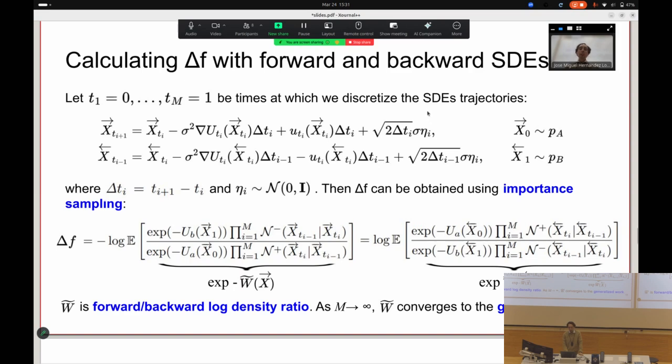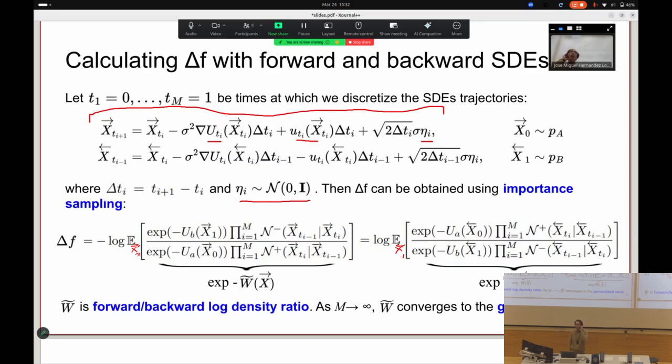So what we are going to do is now discretize the SDEs. This shows equations for a discretization of the SDEs. It has the same functions that we had before, the gradient of the energy, the control term, and now here we're going to have some Gaussian noise. And we can do importance sampling with samples from the forward SDE, this would be X0 forward, or with respect to samples from the backward SDE, X1 backward.